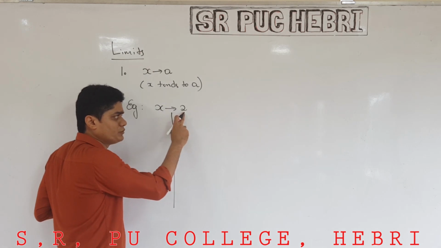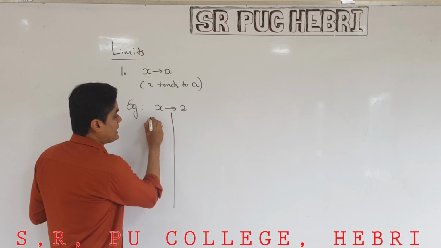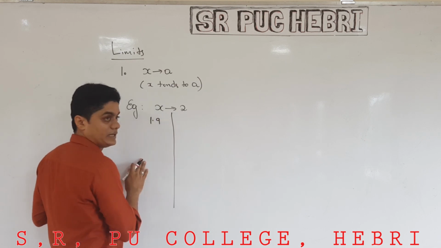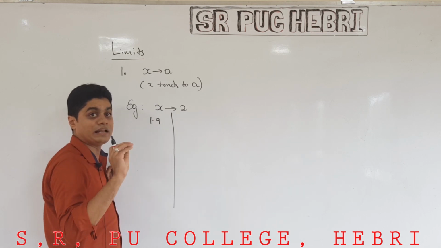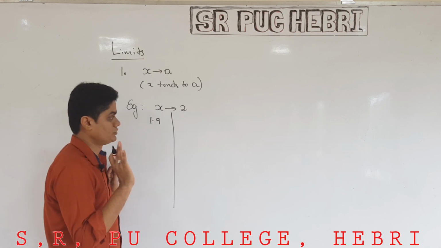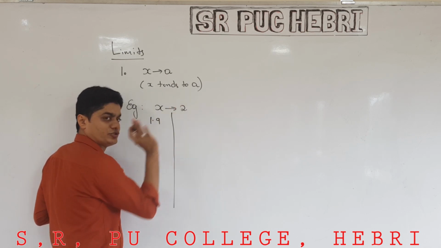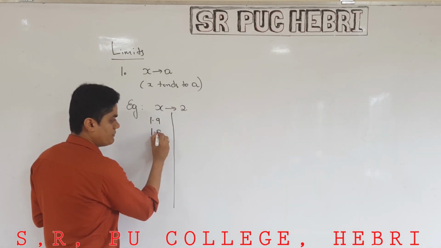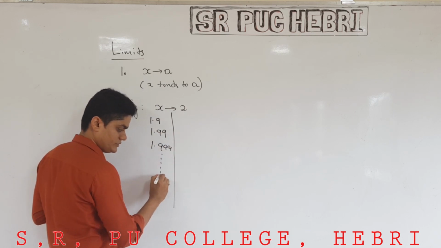What do you mean by neighborhood of 2? Those values should be very close to 2. It may start from 1.9. Definitely it will not start from 0, 1, like that, because 0 and 1 are not considered a neighborhood of 2. The word neighborhood is directly connected to being very close to 2. Maybe 1.9, next value 1.99 and so on.